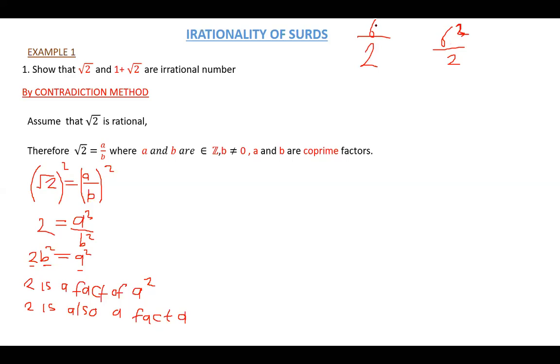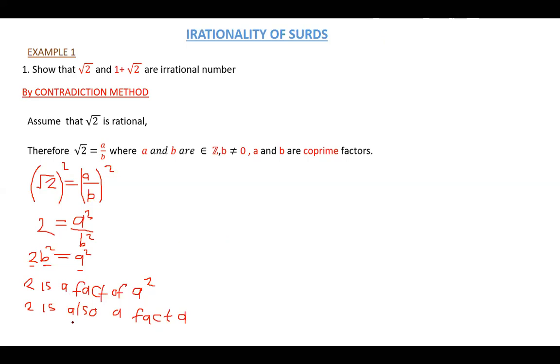If 2 is a factor of 6, 2 is also a factor of 36. I'm sure maybe some of us have gotten it, that if you haven't, you just come and try to go through the video. I'm sure you're going to get something.